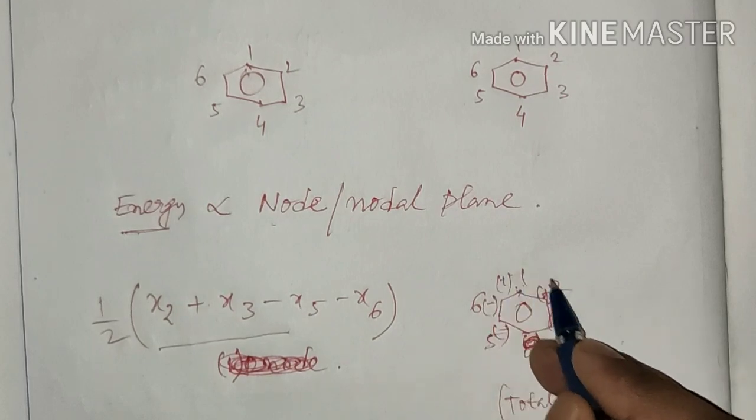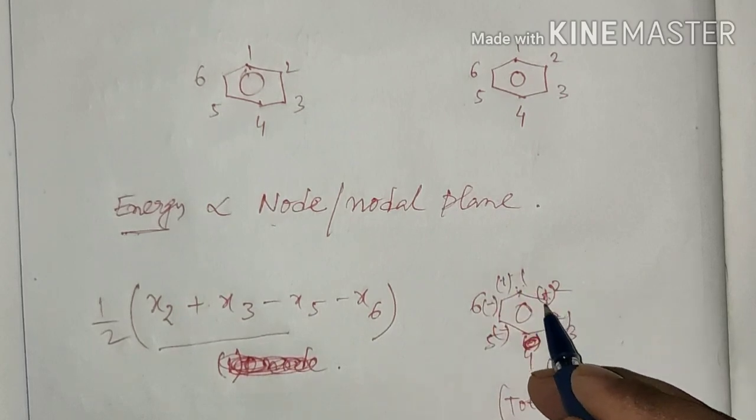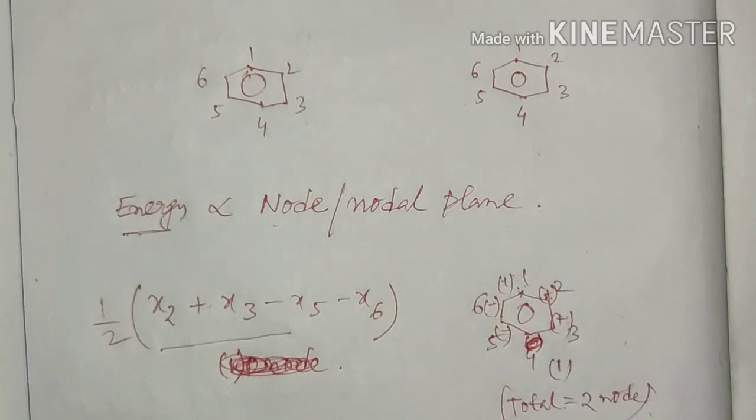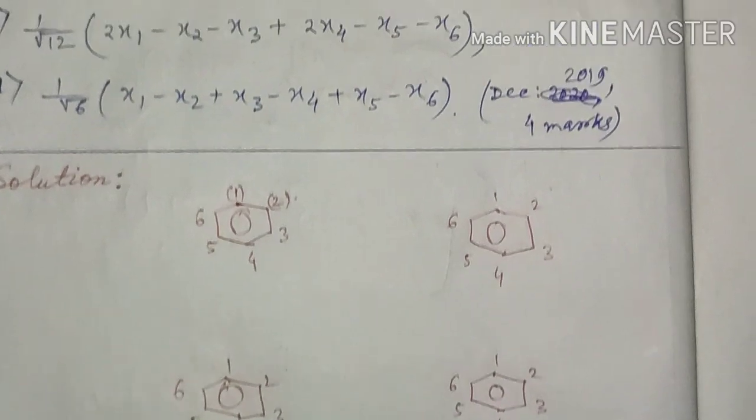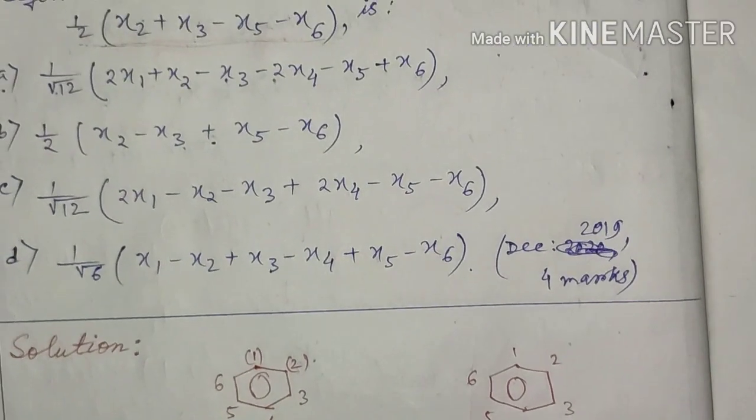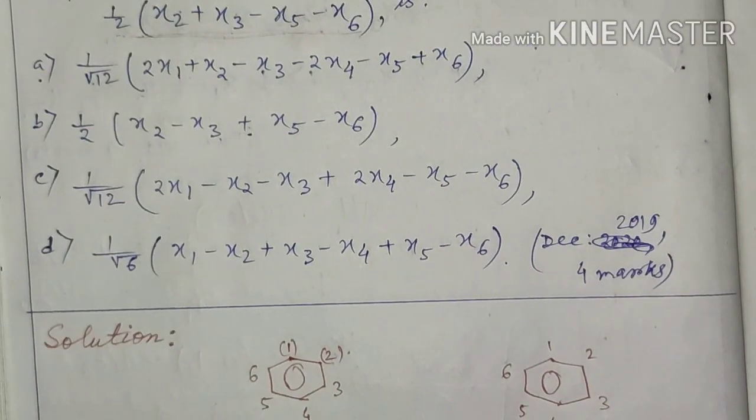That is, for a full rotation, how many times it is changing its sign. Here the total number of nodes is 2. Now from the given options we have to see which wave function contains two nodes.